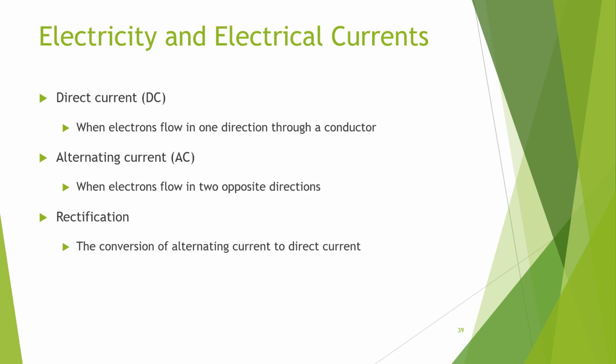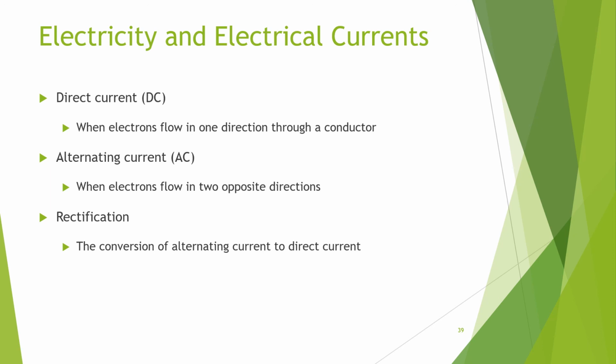All right, so there are two types of electricity. We have direct current, or DC, and this is when electrons are flowing in only one direction through a conductor, which is any type of material that conducts electricity, of course. And then we have alternating current, or AC, and this is when electrons can actually flow back and forth and go in opposite directions.